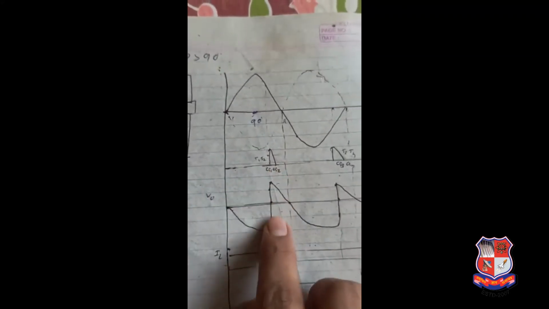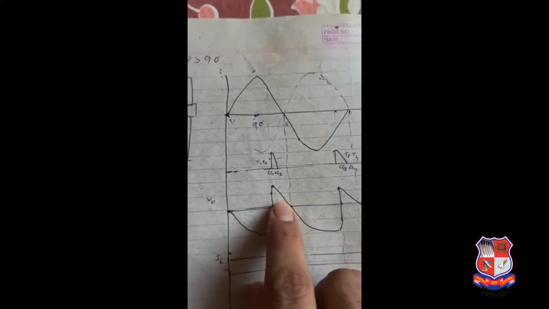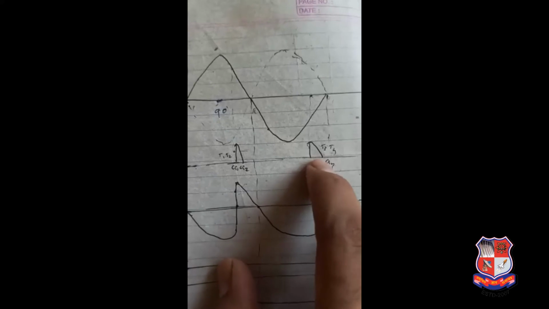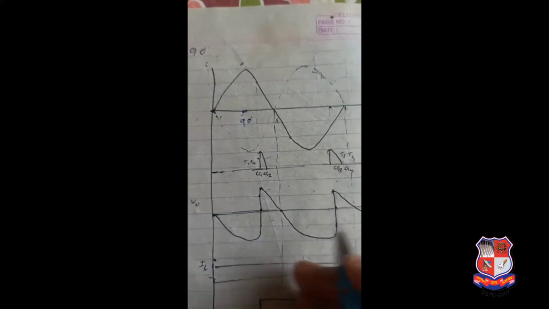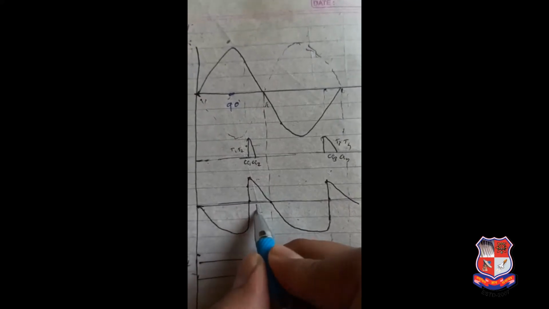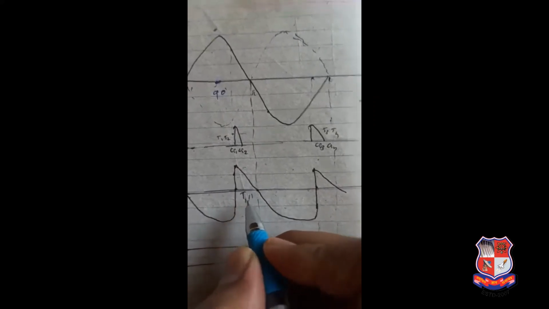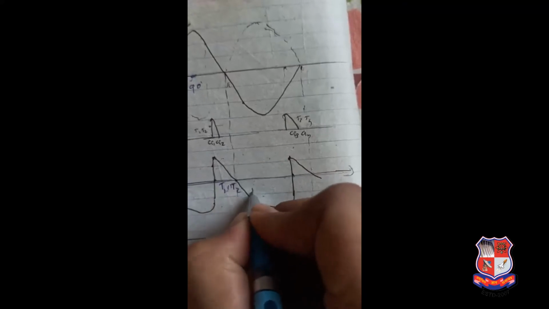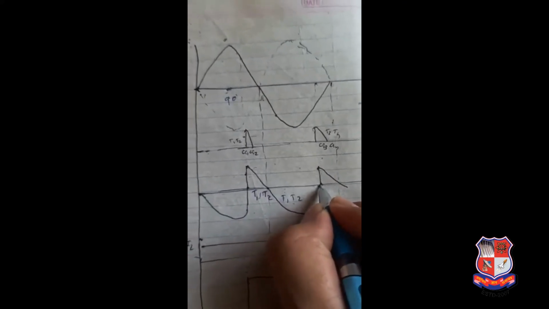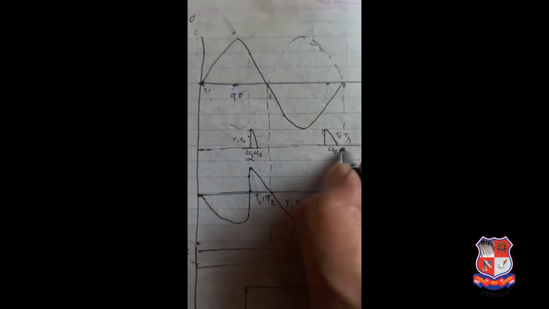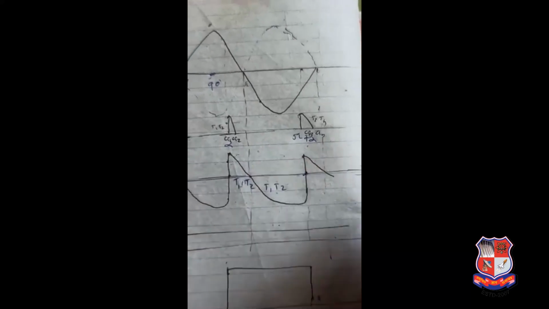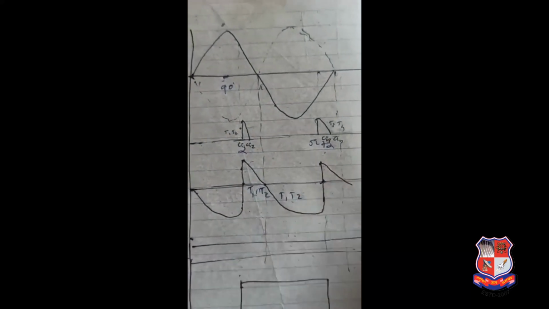At that time T1 and T2 will be on for this much period, positive. Here T3 and T4 will be on again. So my positive portion is less. T1 and T2 conduct here, and at pi plus alpha, T3 and T4 will be on.